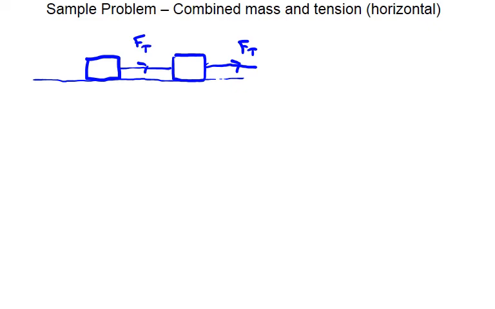And let's say the mass of this one is 10 kilograms. Let's say the mass of this one is 17 kilograms. So just like we did before, we're going to treat them both together. And let's say the acceleration is positive 2 meters per second squared as it goes to the right.